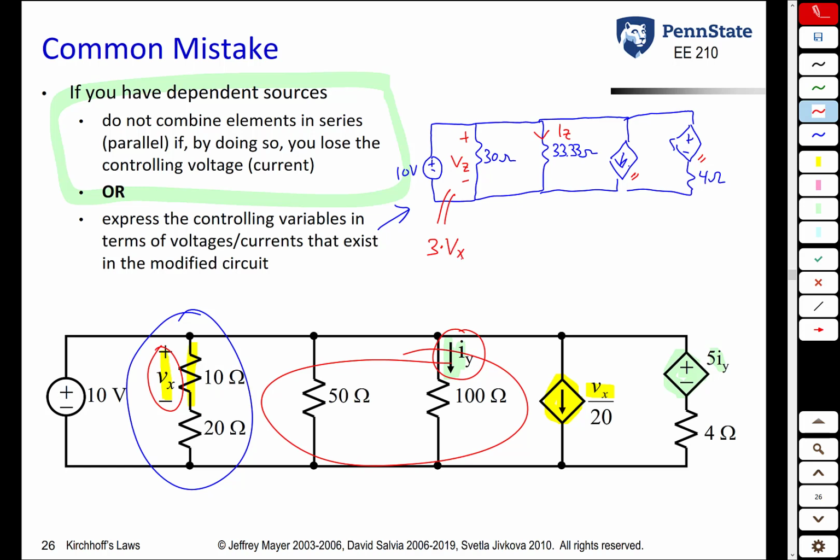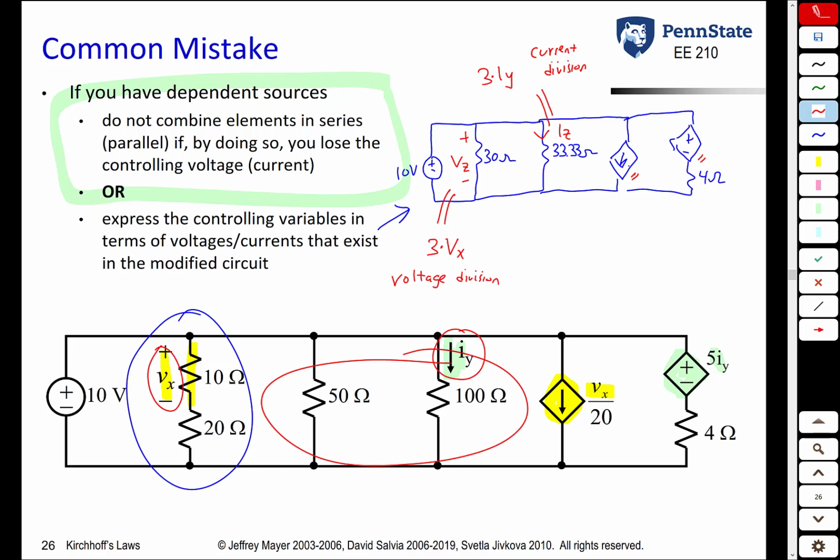This is based on something called voltage division, which is a later lecture. Likewise, we'll see that this current Iz is related to Iy using this expression. Iz is 3 times Iy, and this is due to a property called current division. Once again, we will look at that in a later lecture.